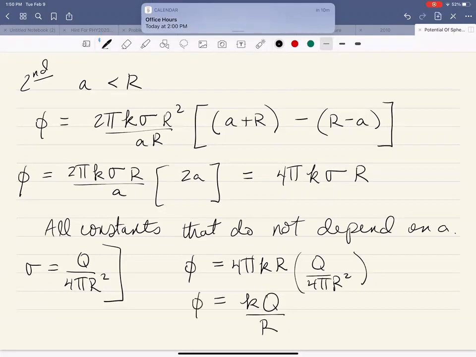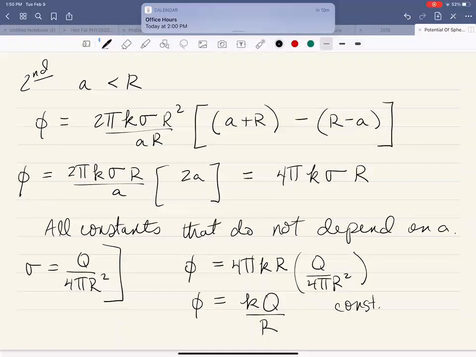This tells us that the potential inside the sphere is going to be equal to the potential at the surface of the sphere, which is the potential for a point charge at that point. So this is a constant, as we discussed, and it does not depend upon the position of A.